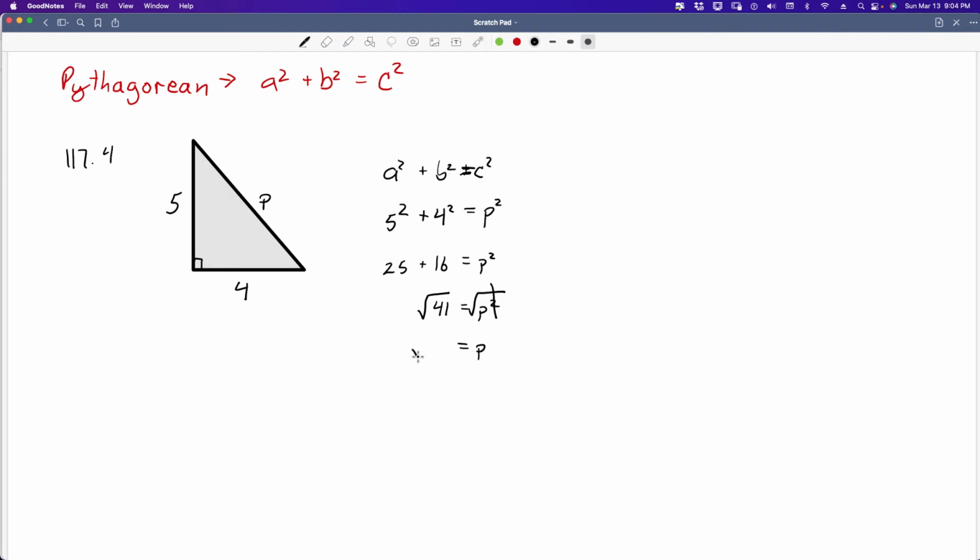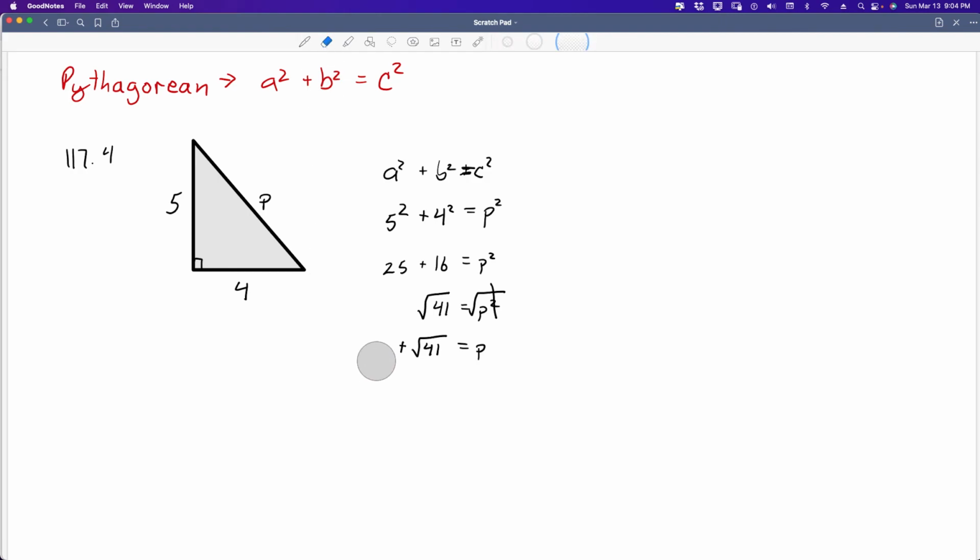So the positive square root of 41 is going to be P, because a length is always positive. But we cannot factor 41, so therefore it has to stay in the radical sign.